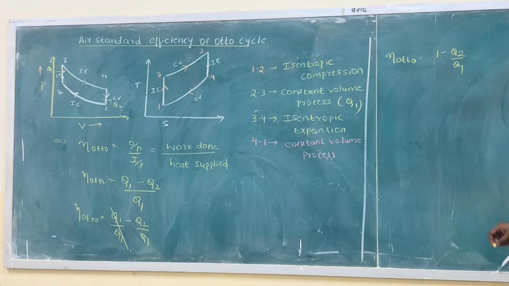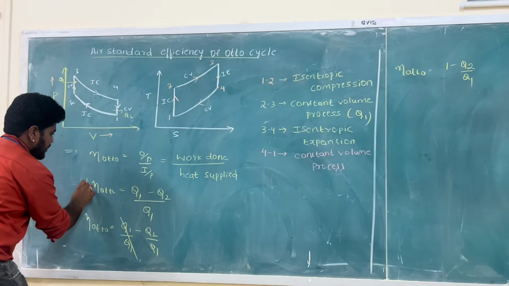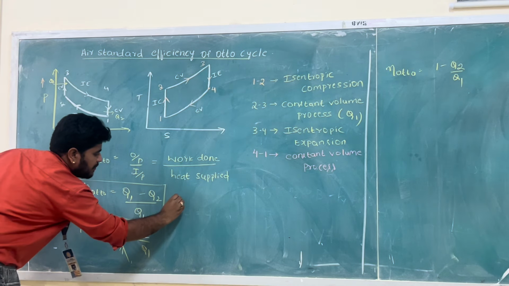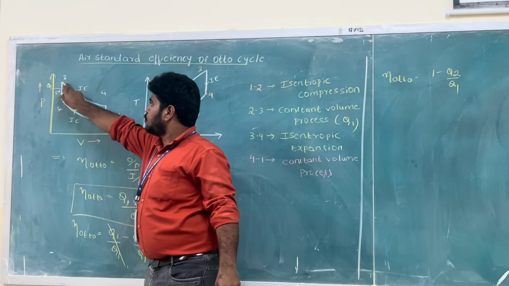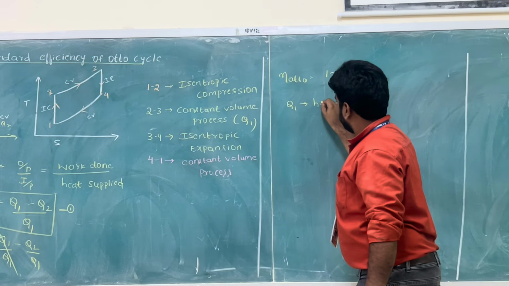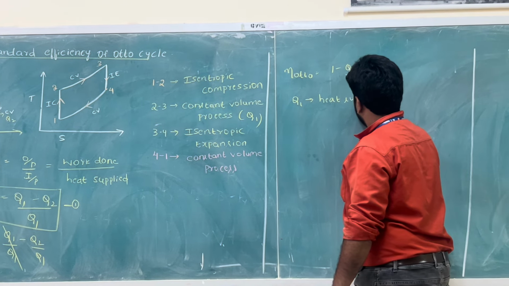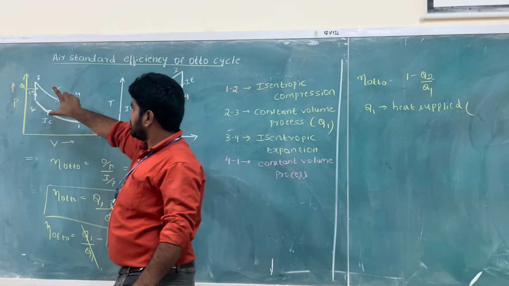This equation I will take as equation number 1. Now, the heat supplied is during the process 2 to 3. So Q1 is equal to the heat supplied. The process is a constant volume process, that is 2 to 3.